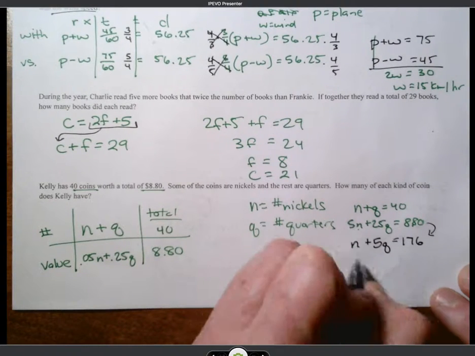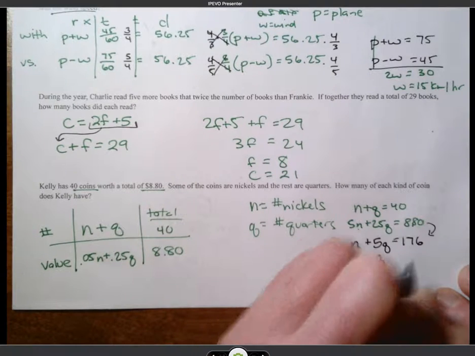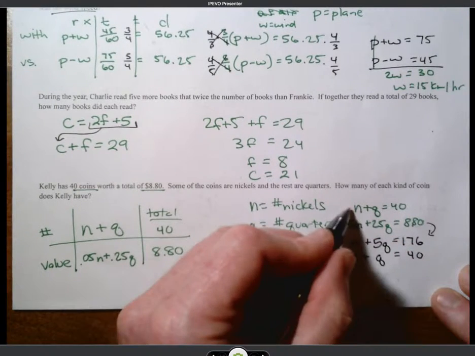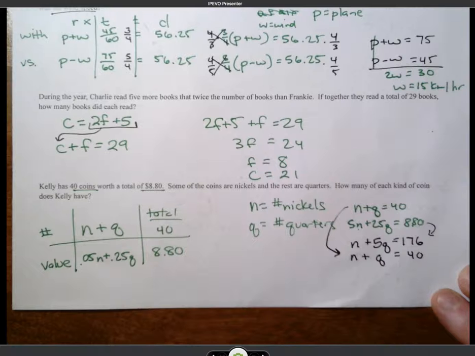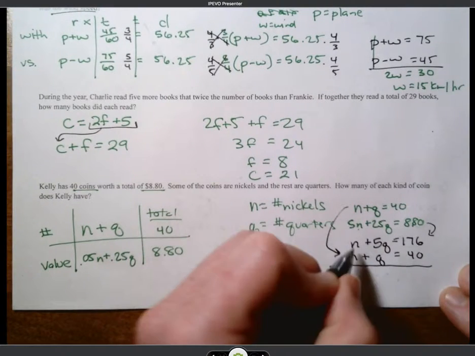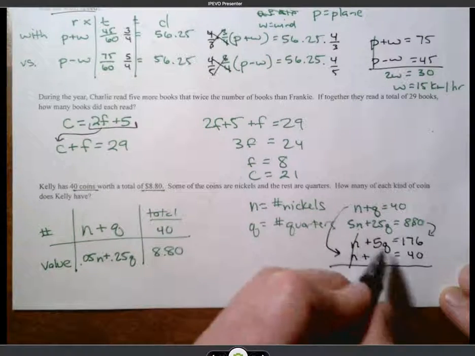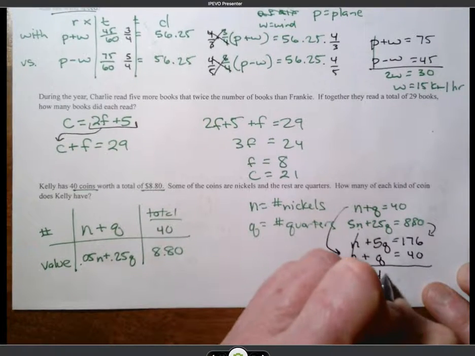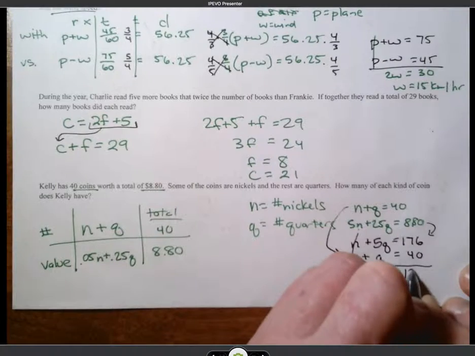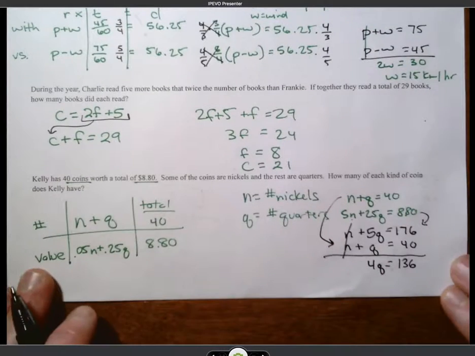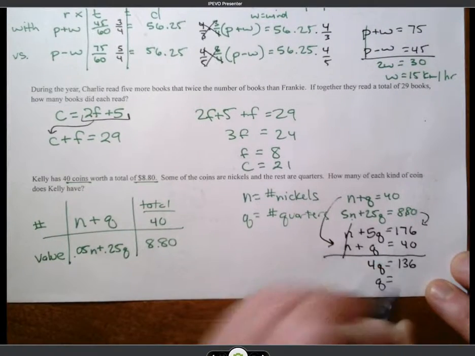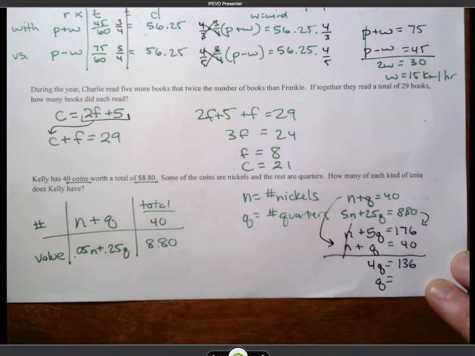So instead of multiplying this whole thing through by 5, I divided this by 5. So now N plus Q is equal to 40. I took that and just moved it down here. Now I can subtract, right? N minus N goes away. 5Q minus Q is 4Q is equal to 136. So Q is 136 divided by 4.